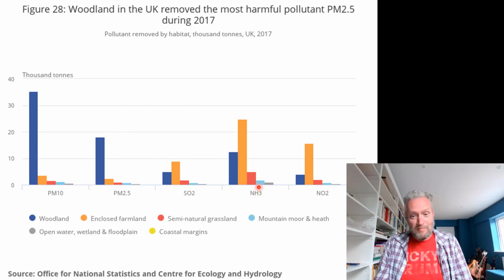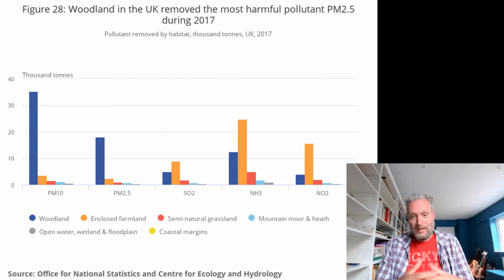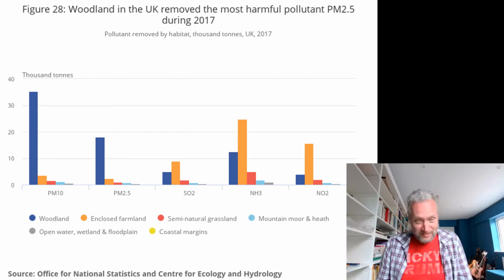If you're worried about ammonium, then actually most of it is removed by farms. And that also tells you, if you're worried about these things, what are the healthier places, what are the not so healthier places. And it tells you something about if you have a particular environmental problem, then this is the type of landscape that actually deals with these problems.